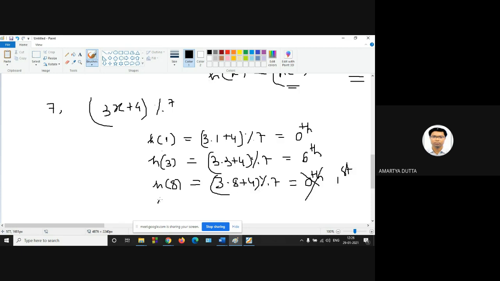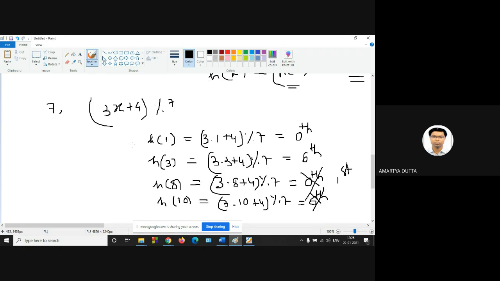Next H10. H10 is 3 into 10 plus 4, modular division 7. Which position? 6th again. So that will be a collision.